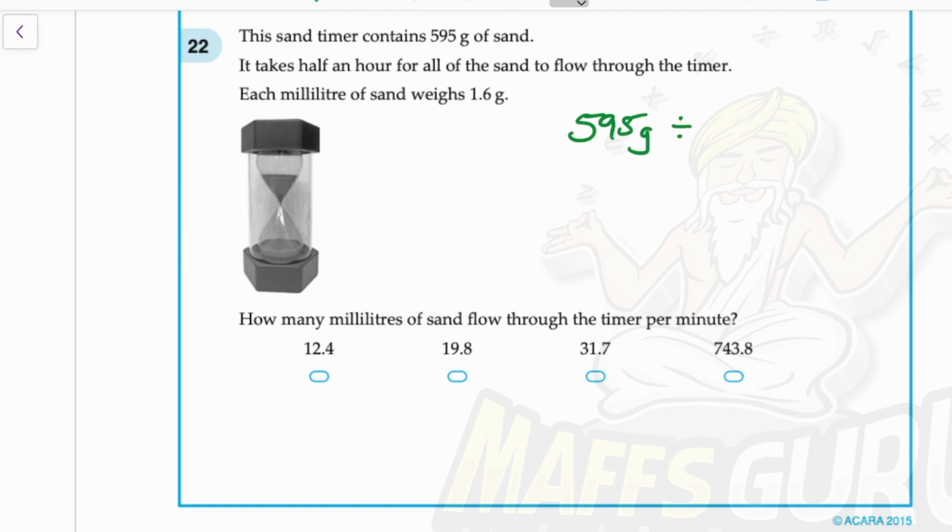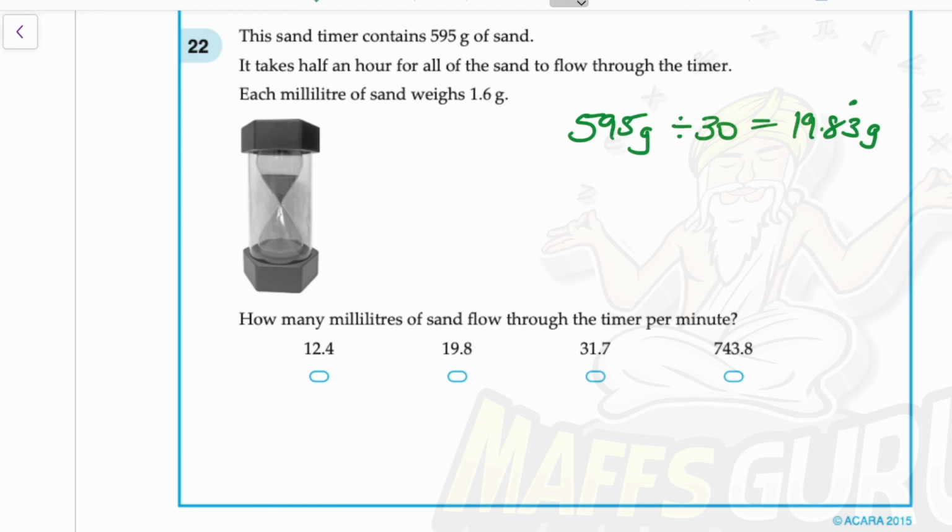I'm going to divide that by 30 minutes to find out how many grams go through per minute. 595 divided by 30 gives me 19.83 recurring. Okay, now again, that's important to me for the moment. I'm not going to change that value. That's how much sand flows through per minute, and that's in grams.